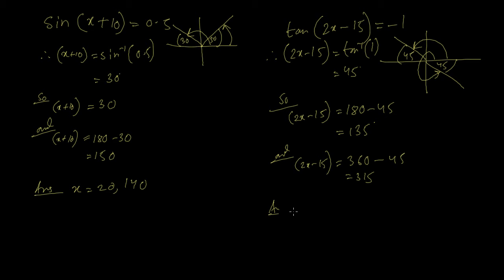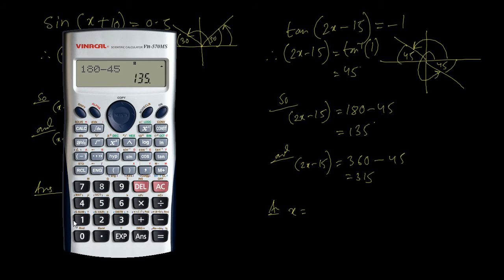So this is done. Now only at the answer, only now we can break this down. So 135 plus 15 divided by 2, we can calculate this. So we have 135 plus, if you send this 15 to the other side, it becomes plus 15, it becomes 150.